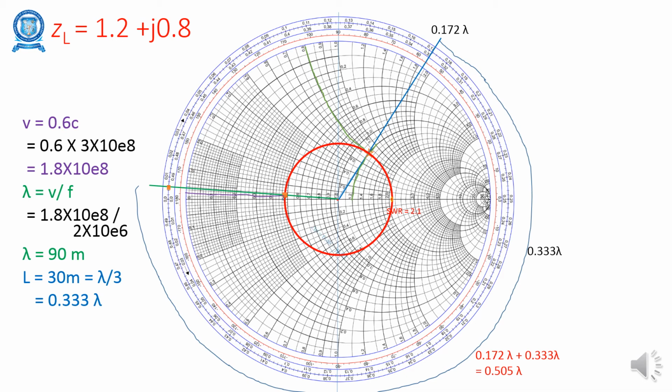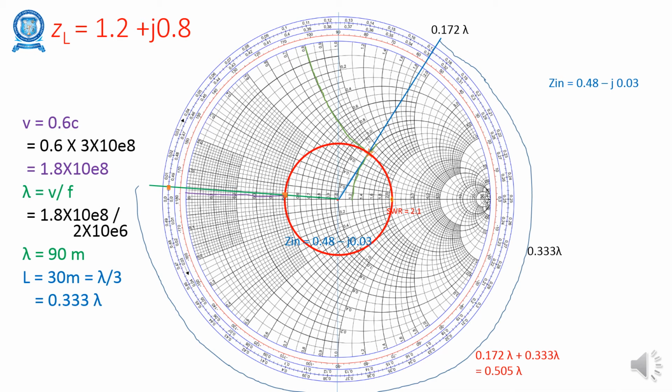Now we calculate the normalized input impedance on this Smith chart, so we have to mark Z in. Z in dash is equal to 0.48 minus j0.33.